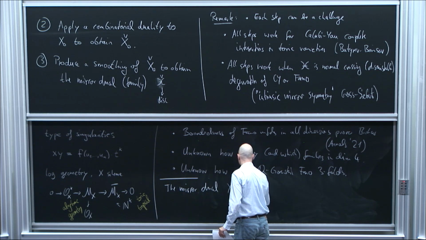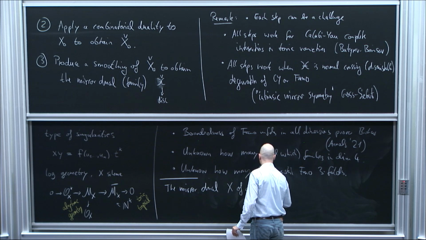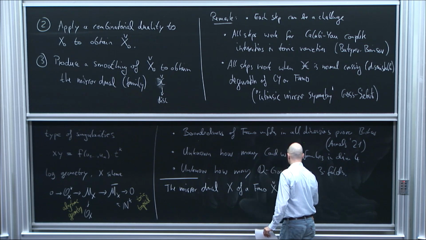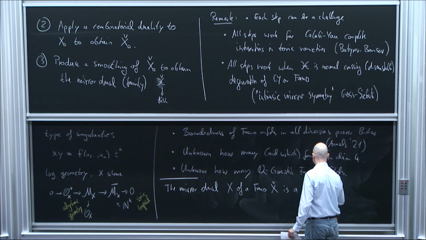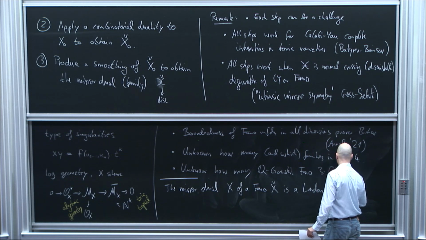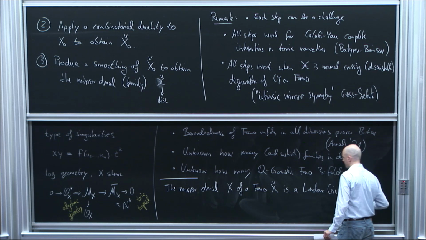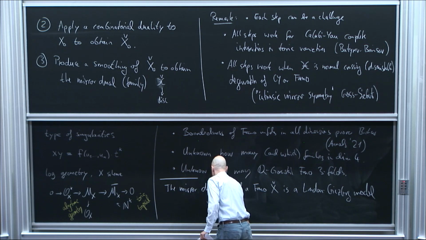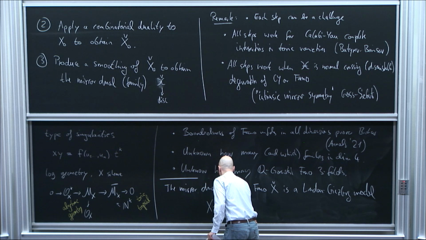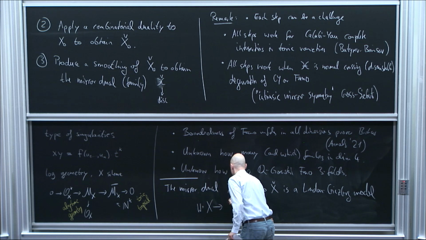X of a Fano X check is a Landau-Ginzburg model, so that means it's not just a variety, but it's an affine variety together with a regular function.